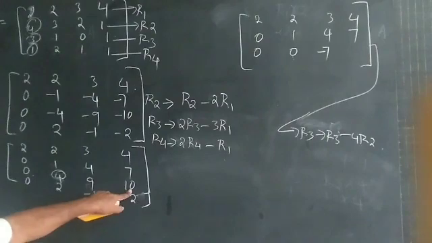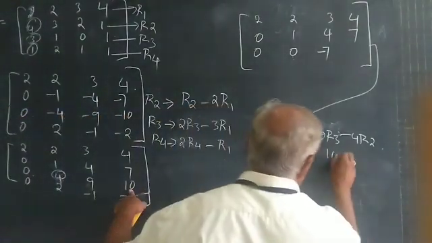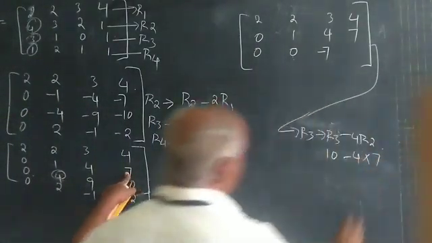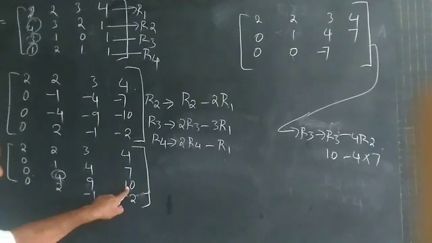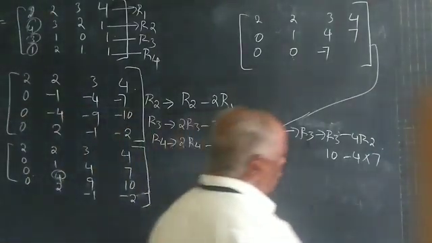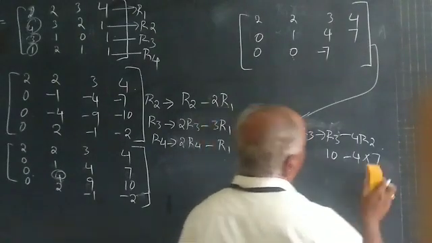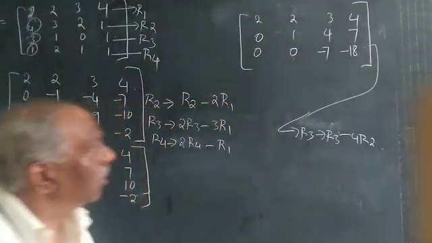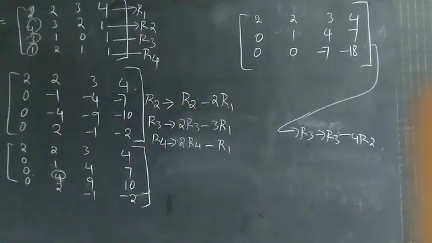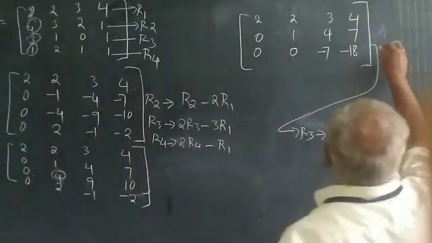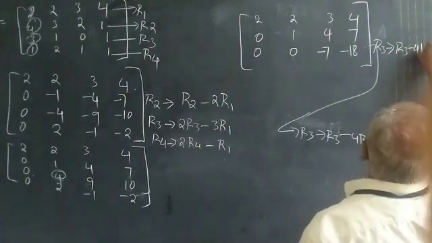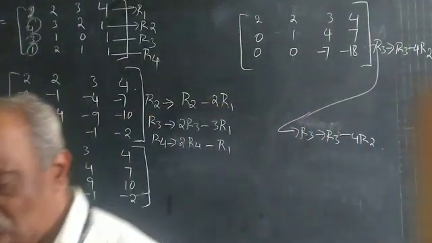Next, this one, R3 is 10. 10 minus 4R2, 4 into 7, 28. 10 minus 28 means minus 18. So this way, the third row, second element has also become 0. If you want, you can write it here also: R3 going to R3 minus 4R2. There also you can write.